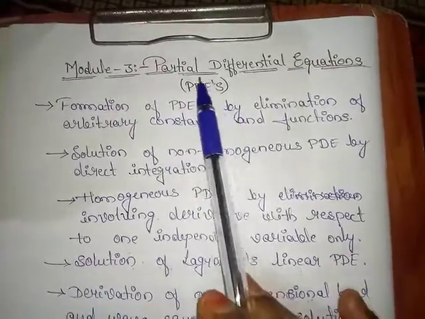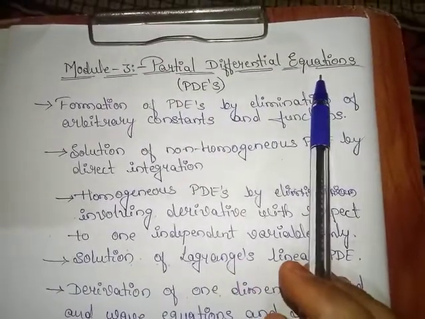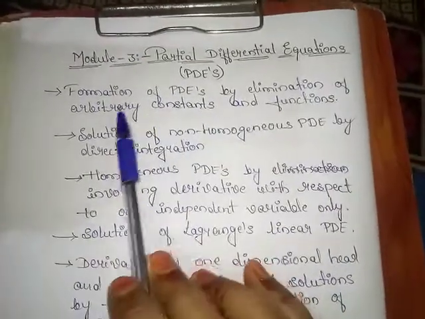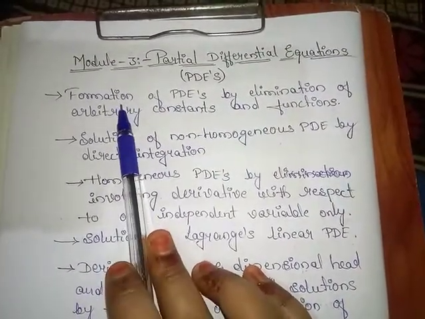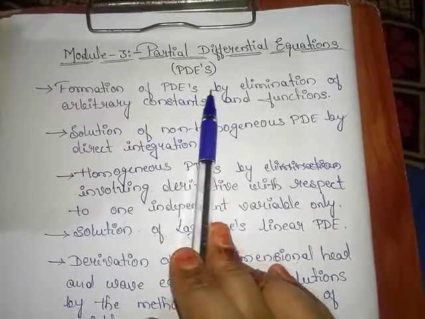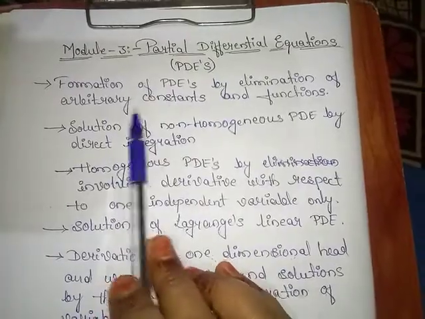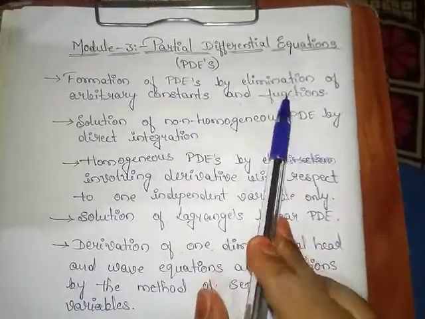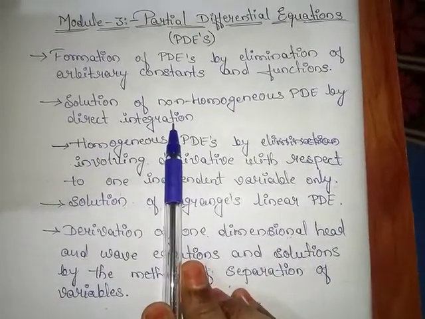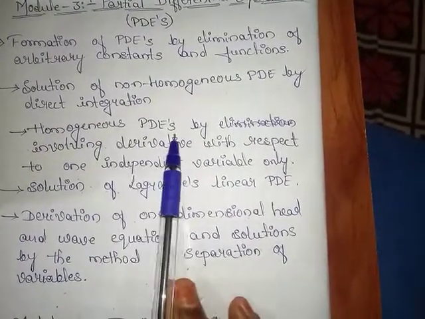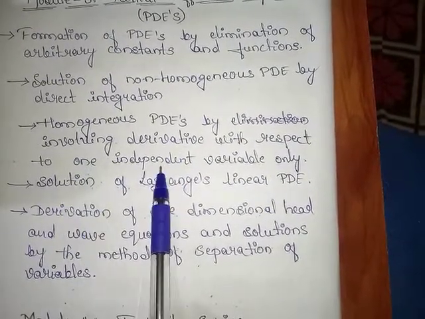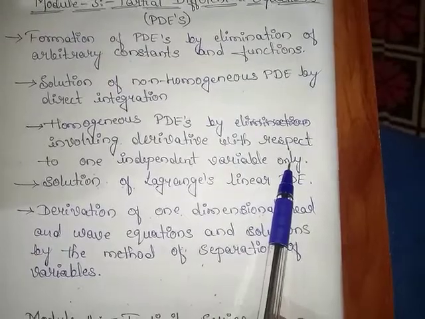The third module is partial differential equations, which in short we call PDEs. Here we will study formation of PDEs by elimination of arbitrary constants and functions, solution of non-homogeneous PDE by direct integration, and homogeneous PDEs involving derivatives with respect to one independent variable only.